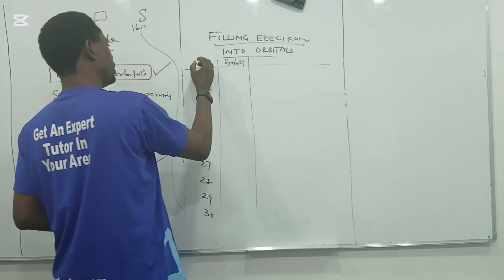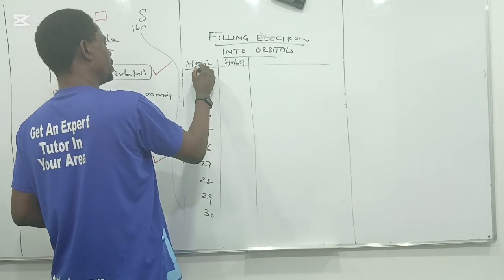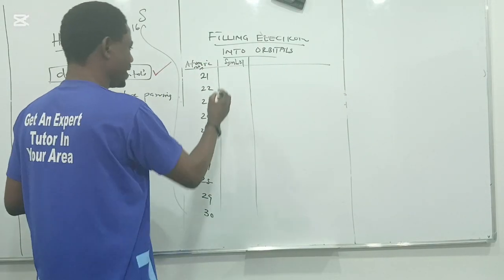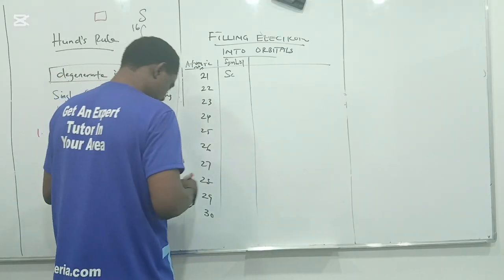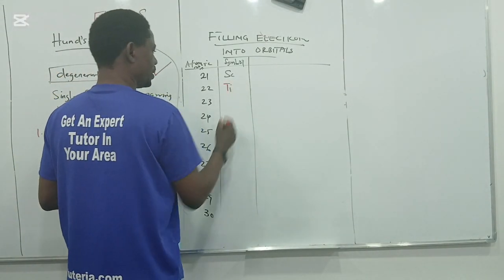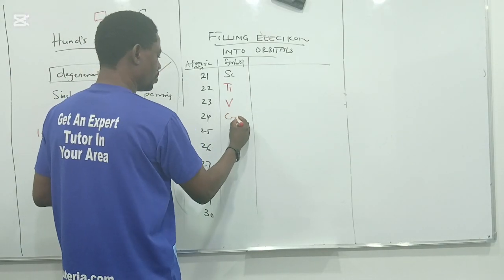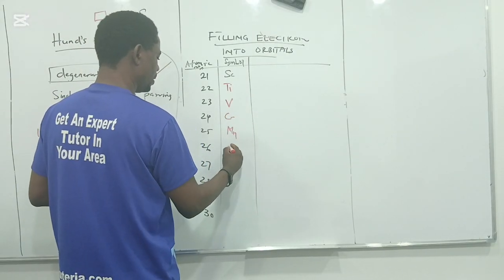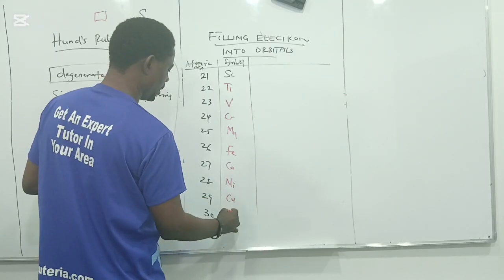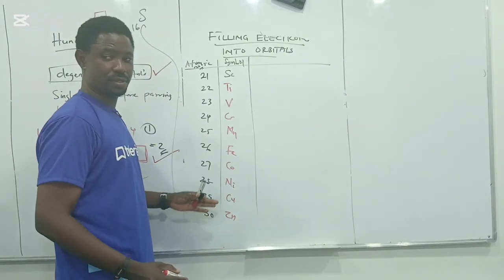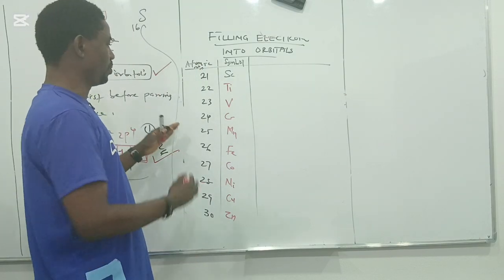In the periodic table, number 21 is scandium. Then followed by titanium, vanadium, chromium, manganese, iron, cobalt, nickel, copper, and zinc. Because I can do this, you should be able to do the same thing. So these are the first transition series from 21.